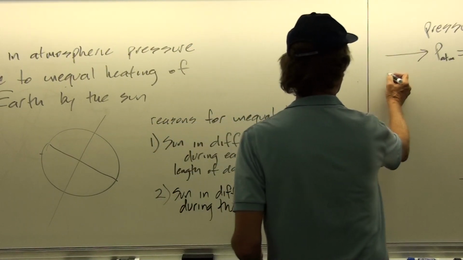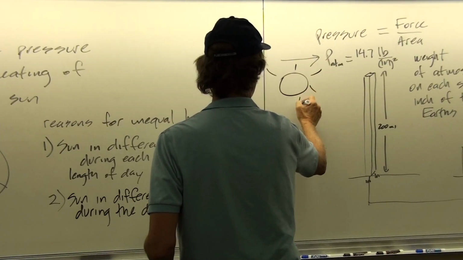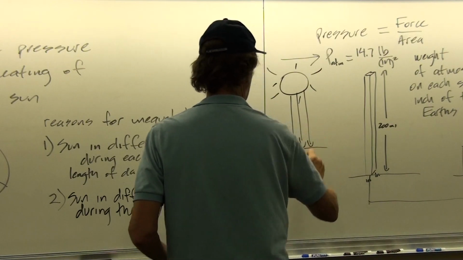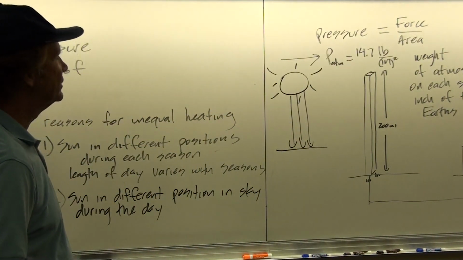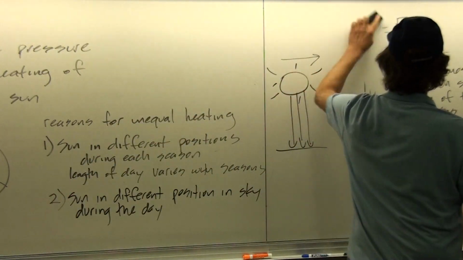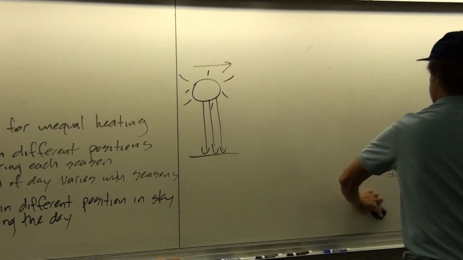So if the sun were directly overhead, which it won't quite get to in our latitude, but if we're coming straight down, then you'd have the most direct heating there. And so that's why near the equator, you tend to get hotter temperatures.